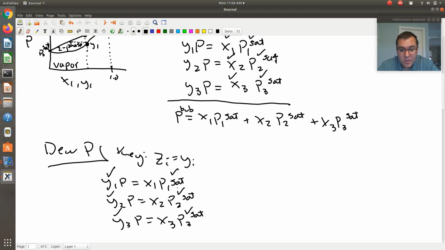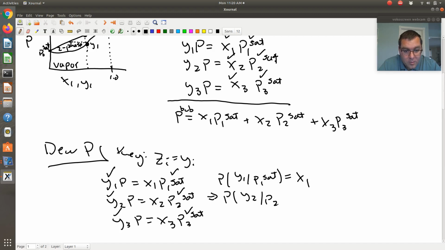And so the trick is we're going to divide through by P1 sat, P2 sat, and P3 sat so that we can add our equations together and kill x, by taking advantage of the fact that our mole fraction compositions have to sum to 1. So I'll rewrite this as P times y1 over P1 sat is equal to x1, P times y2 over P2 sat is equal to x2, and P times y3 over P3 sat is equal to x3.